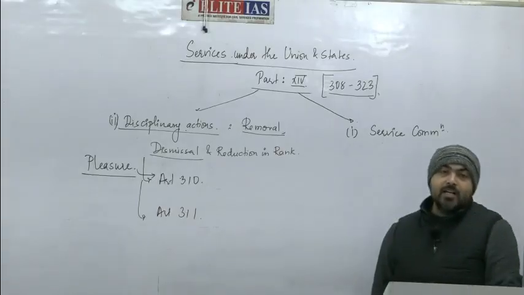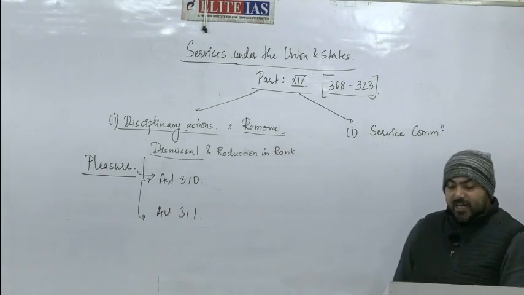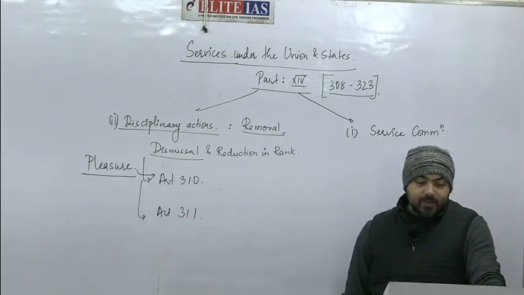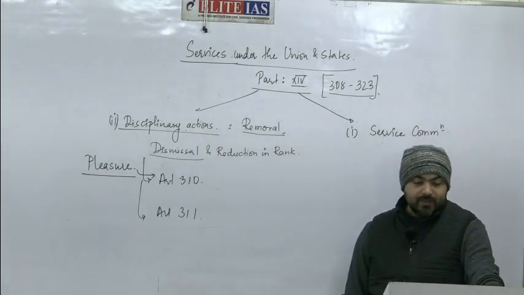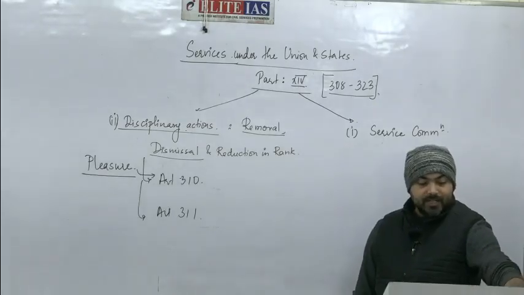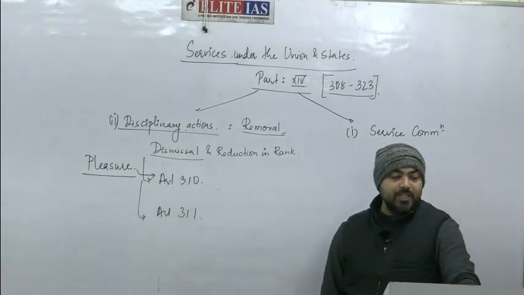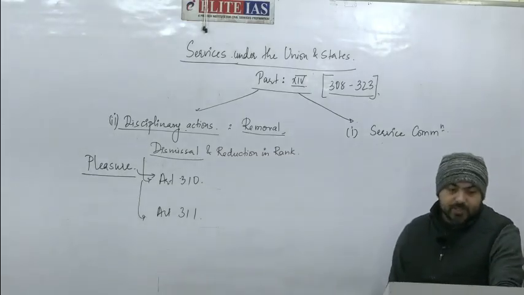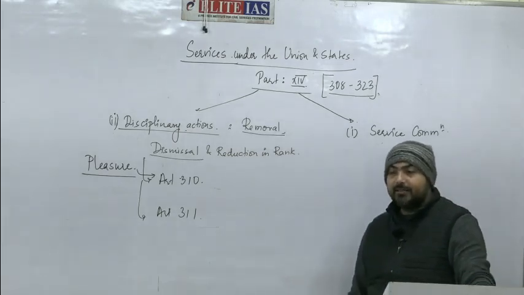The Constitution under Article 311 provides procedural rights to the civil servant before they are subjected to any penal consequences in the form of dismissal, removal, or reduction in rank.